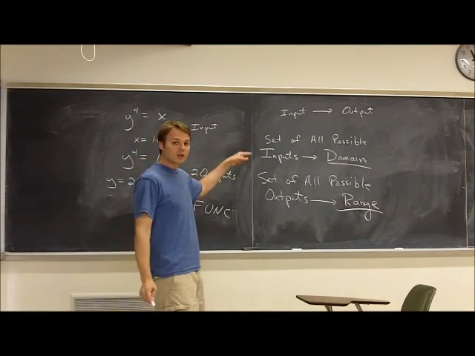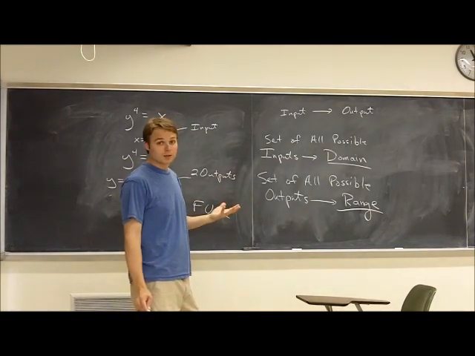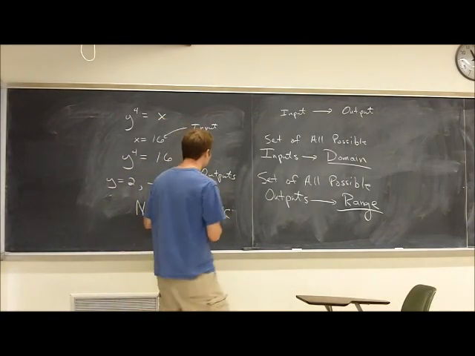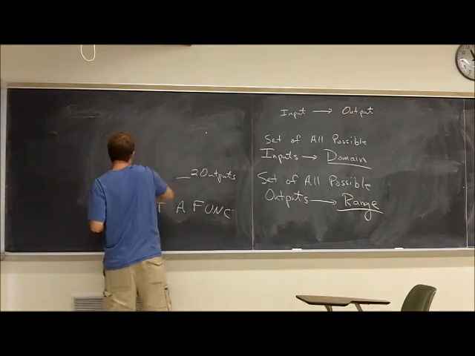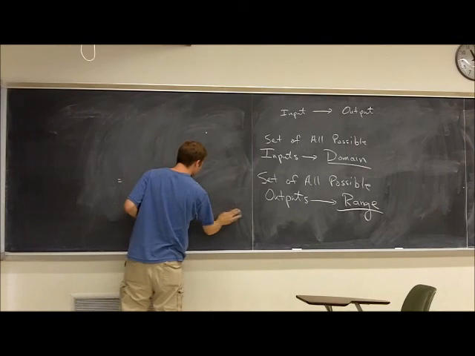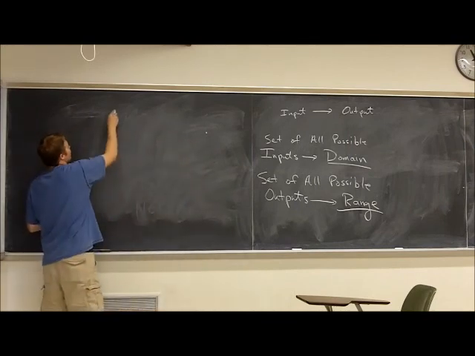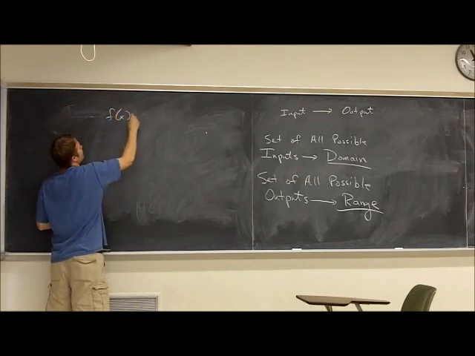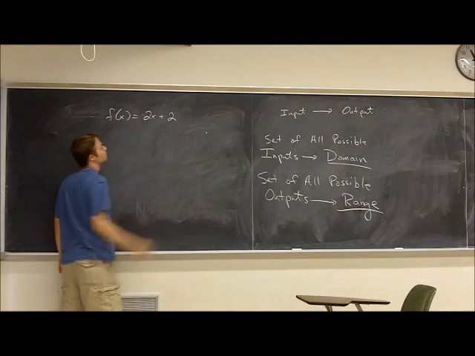And sometimes finding the domain or the range is pretty straightforward, but sometimes finding it can be a little difficult. So let's do some examples. So for example, let's start with a function like this. F of x is equal to 2x plus 2.